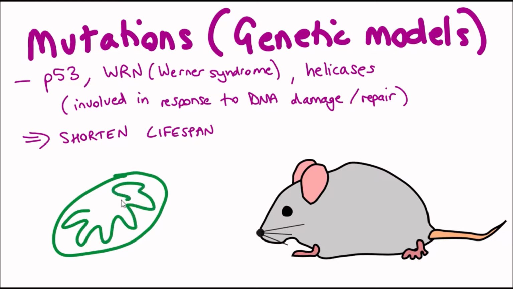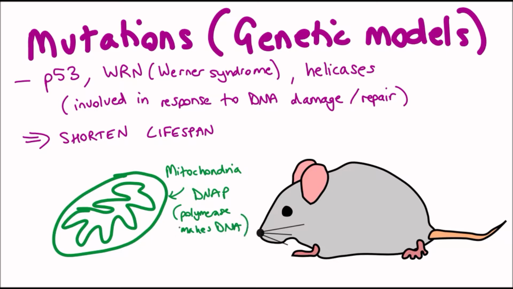In addition, the same thing has been seen with mutations in the protein that encodes the polymerase that replicates the mitochondria DNA, which have also shown an accelerated aging phenotype in the mouse. So all of these studies really demonstrate the role of genetic instability in contributing to aging.